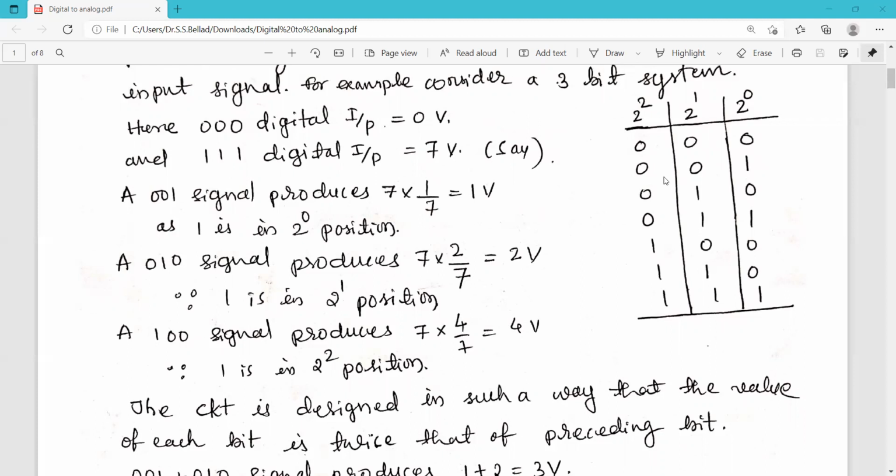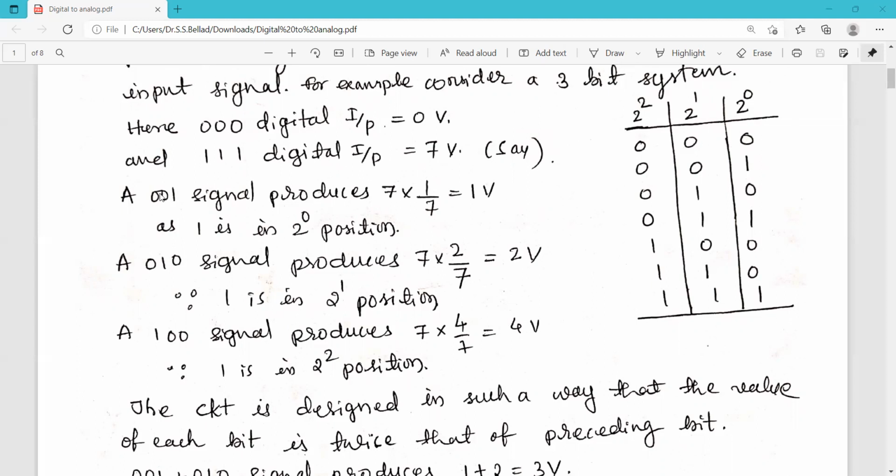Then, as I have given here, a digital 0, 0, 0 input produces 0 volt. First one, no voltage is produced here. That means all the inputs are grounded, so no output will be there.